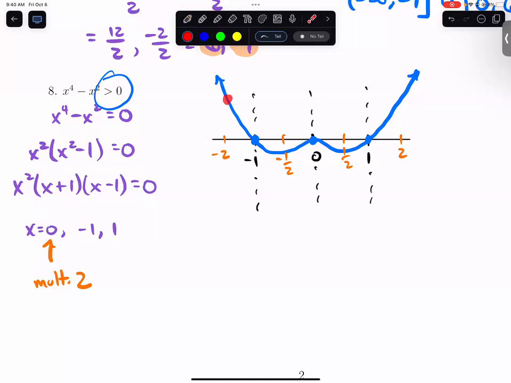Since it's positive, it's above or greater than 0, so that inequality is true here then. And here, false, and here, false, and here, true. Right, I want to take everything that's sitting above the x-axis.